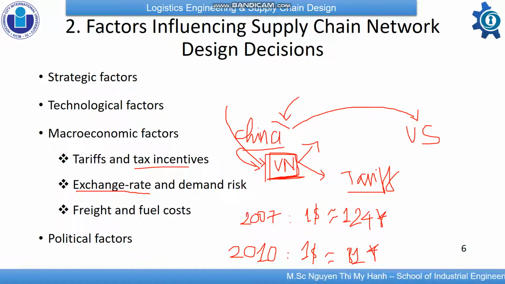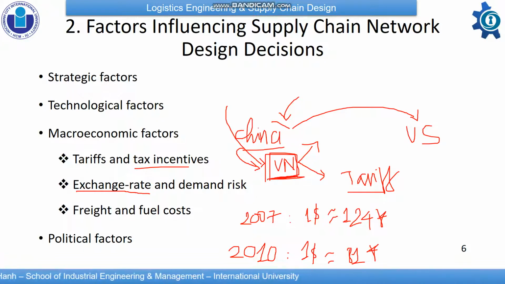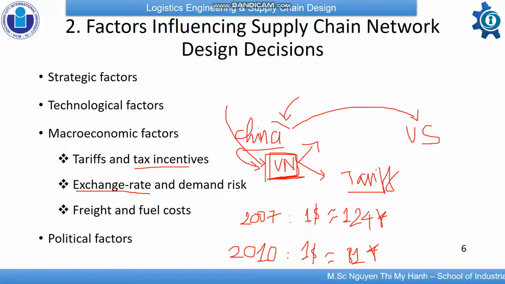So the value of the Japanese yen increases, right? So we consider the first case, in 2007, when 1 USD is equal to 124 Japanese yen.